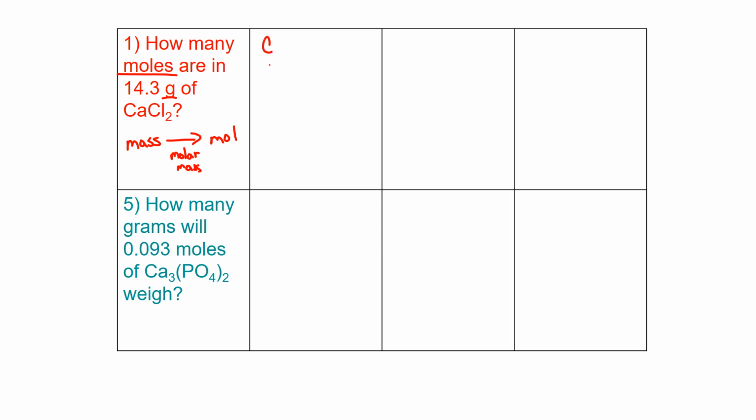So if we always go 2 decimal places with molar mass, then it won't bother stuff. All right, so I have calcium, which has a mass of 40.08. I have chlorine, and I have 2 chlorines, which gives me a mass of 70.9, and I'm going to say 70.90 in that case. So I add this up, and what do I get? 110.98.